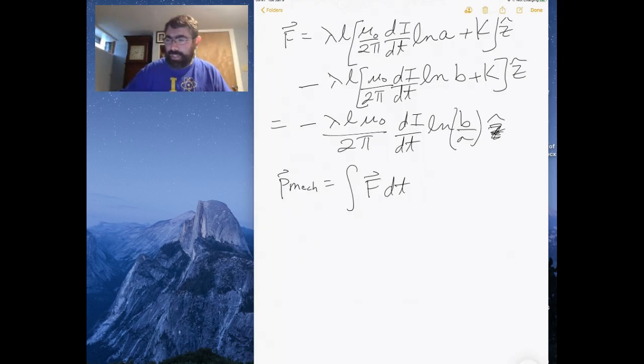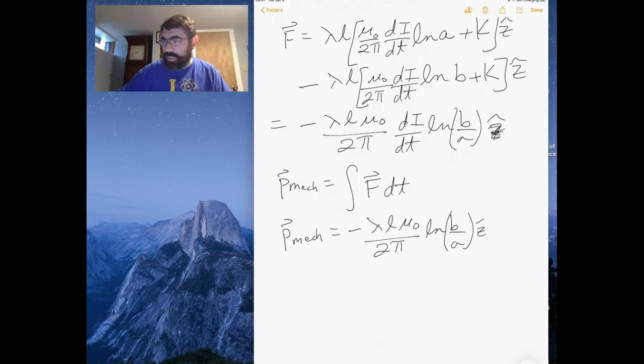So in the end what we get for our mechanical momentum is minus lambda L mu 0 over 2 pi, the natural log of B over A in the z direction, the integral di dt dt.